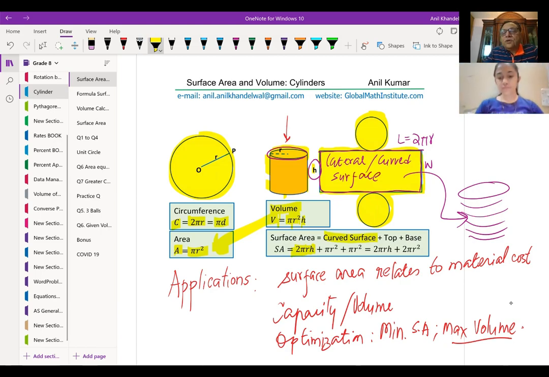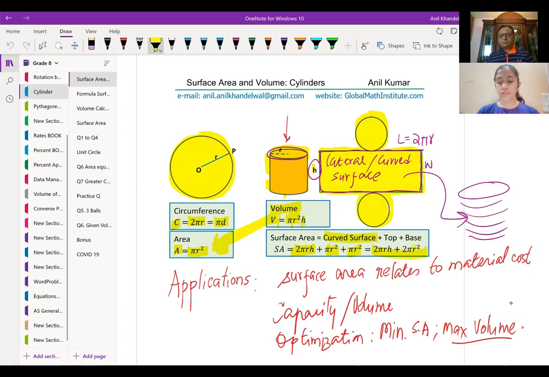Now we have two circles, one at the top and one at the bottom, which gives you pi r square and pi r square. Combining, we get a formula for surface area, which is 2 pi r h plus 2 pi r square. Is it okay? So the formula is absolutely clear to you. Based on this formula, we are going to solve questions on cylinders with their capacity and surface area.